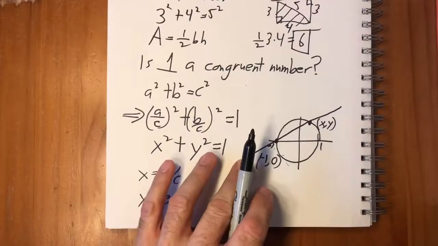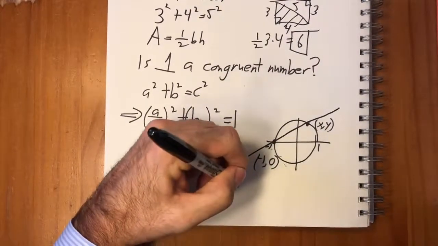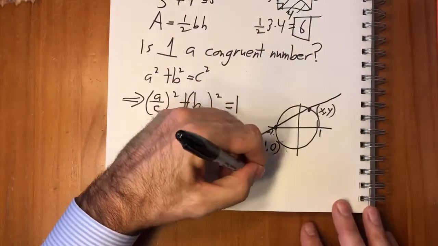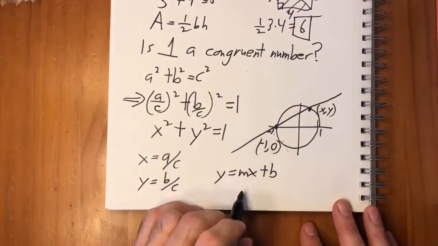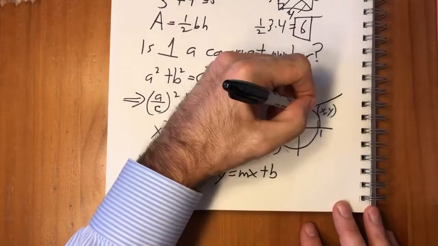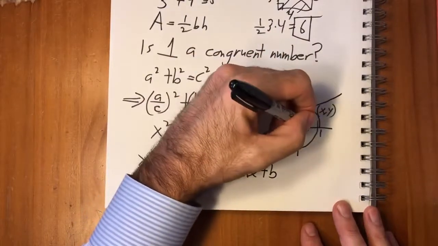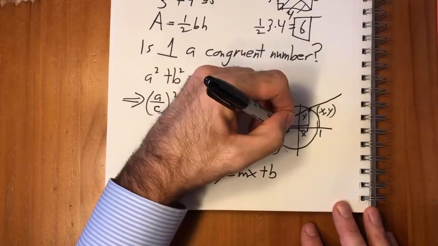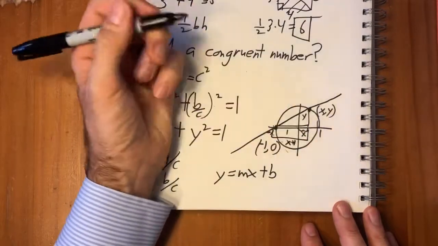What is the equation for this line? Well, the general equation for a line is y equals mx plus b. Remember, the slope is the rise over the run. The rise here is y. This little piece is x, but this little piece is 1. So this here is x plus 1, right?